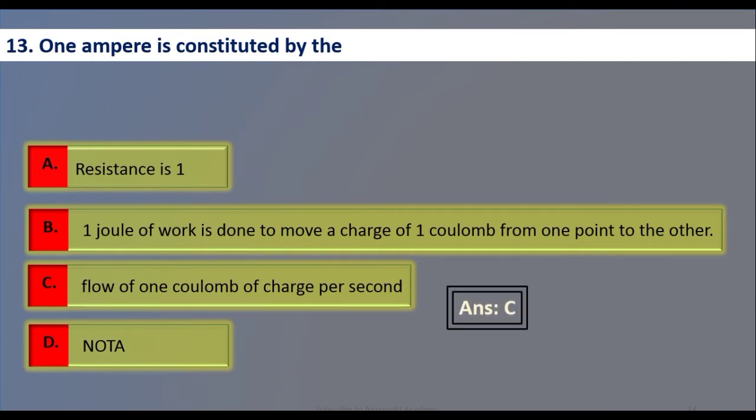Yes, it is flow of 1 coulomb of charge per second. I is equal to Q by T, that is current is equal to charge divided by time. When 1 coulomb of charge is passed for 1 second, we call it 1 ampere of current. Therefore, option C is the right answer.